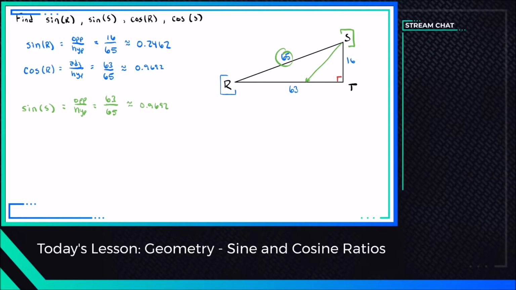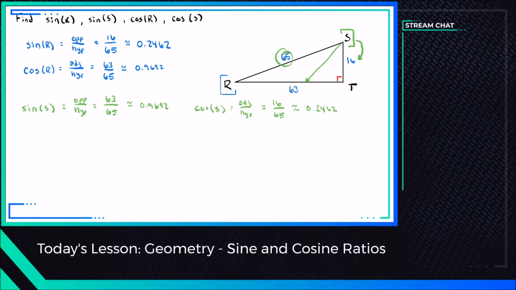And the cosine of angle S is going to be the leg that is adjacent over the hypotenuse, so that is 16 over 65, or approximately 0.2462.